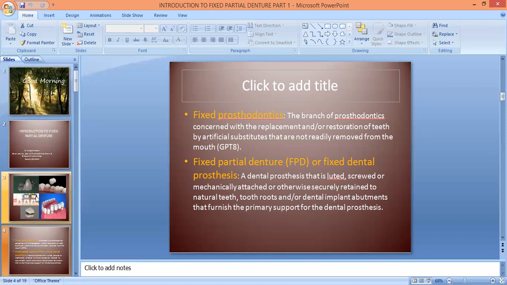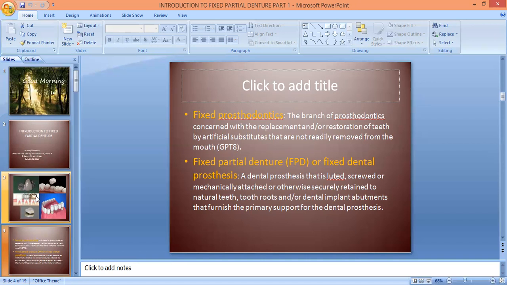Now, what is a fixed partial denture or a fixed dental prosthesis? FPD or FDP is a dental prosthesis that is luted, screwed or mechanically attached or otherwise securely retained to the natural teeth, tooth roots or dental implant abutments that furnish the primary support of the dental prosthesis.